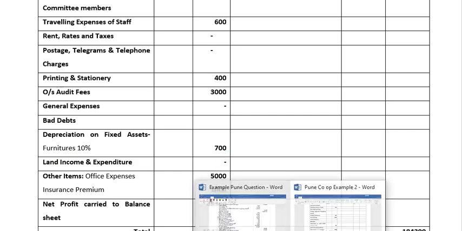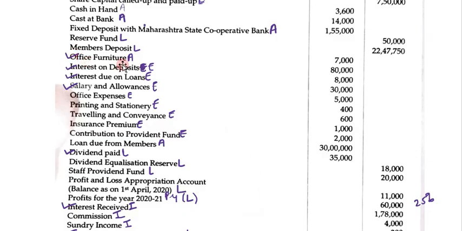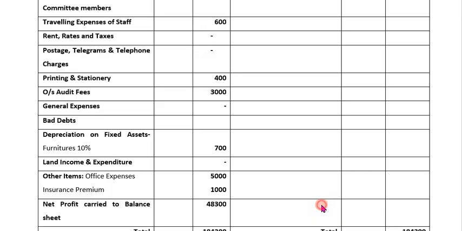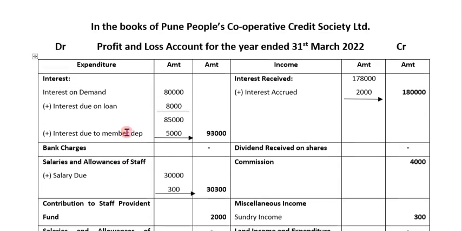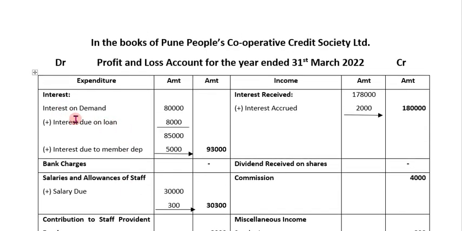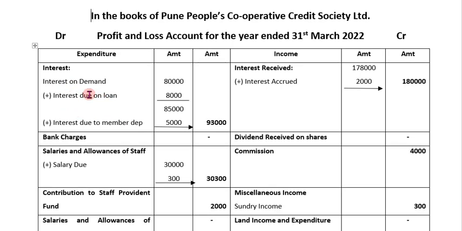Clear? Now after office furniture, next entry is interest on deposit rupees 80,000. So this will come in expenditure side. So interest on deposit, interest on demand 80,000.